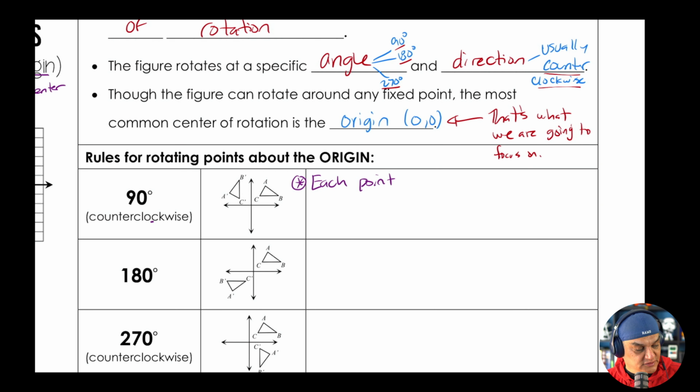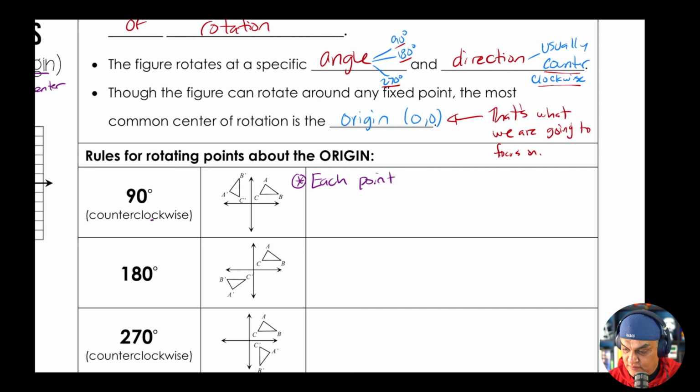So for 90 degrees, we agreed each point's x and y coordinates switch places, and the old y changes signs.